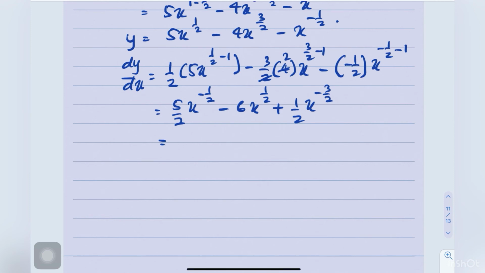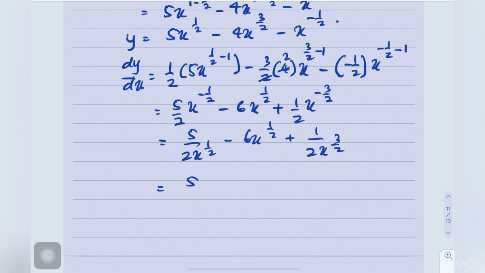We have 5/2 x^(-1/2) minus 6x^(1/2) plus 1/2 x^(-3/2). So this one becomes 5 over 2 square root x, minus 6 square root x, plus 1 over 2 square root of x cubed.